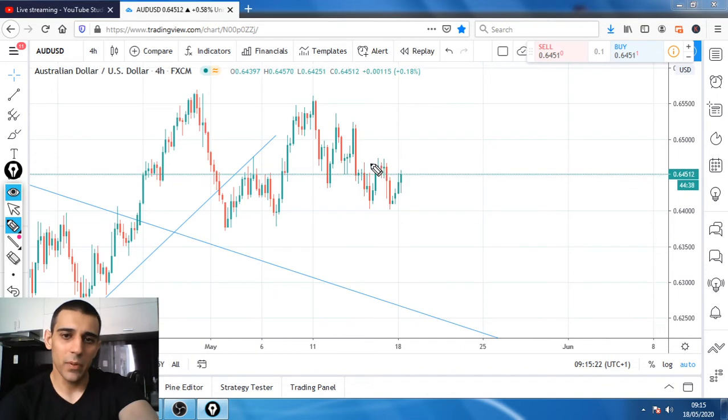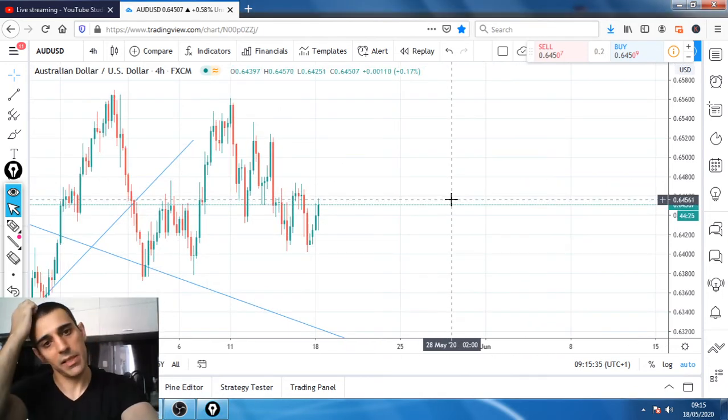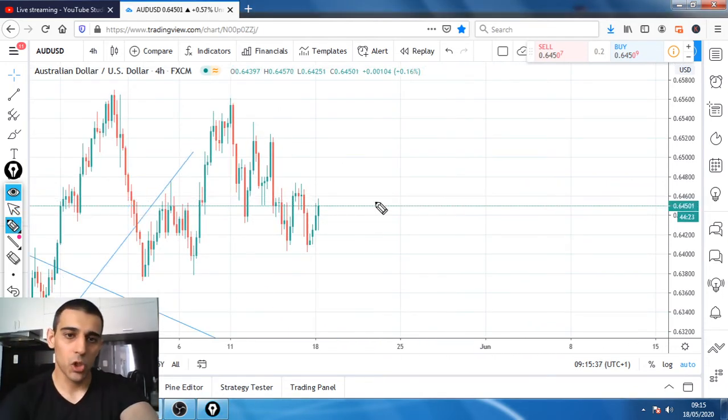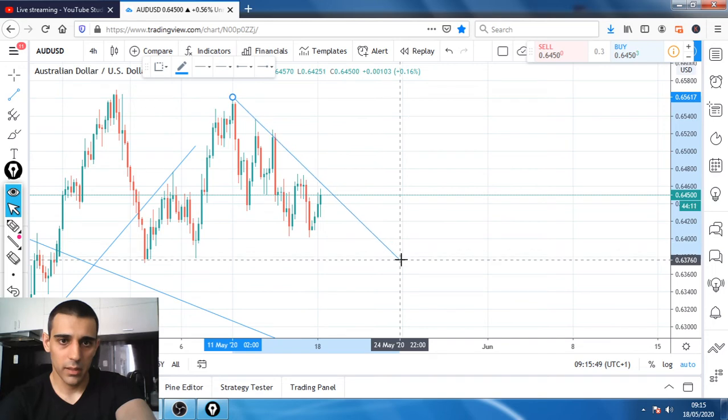Potentially, the price might push up to this level, around 64.60. That could be a potential short trade. I'm definitely looking for a short on this one. Looks like, actually, can I put the trend line in here? Let's have a look. Okay, it does.